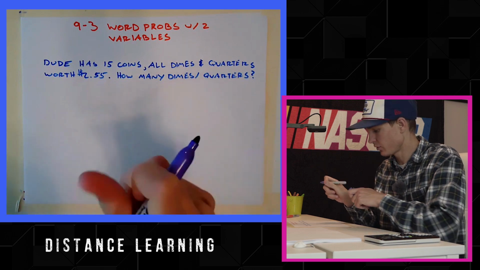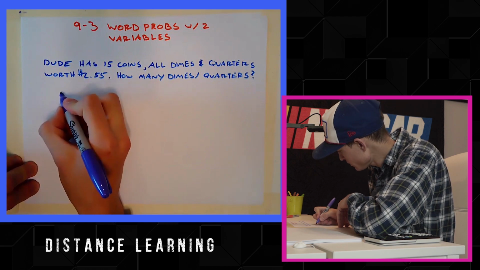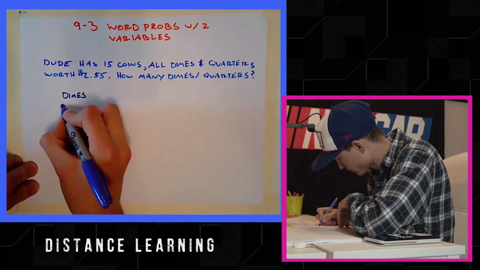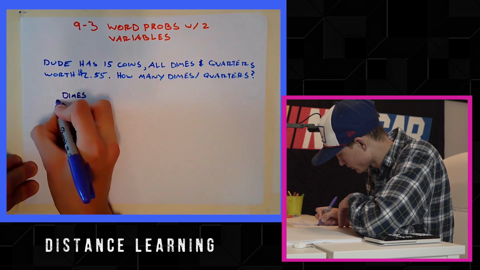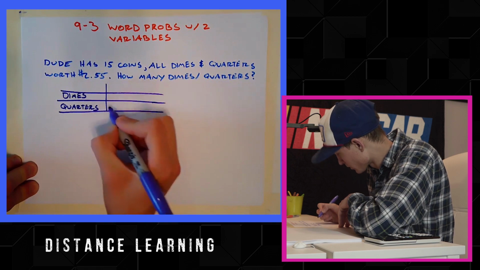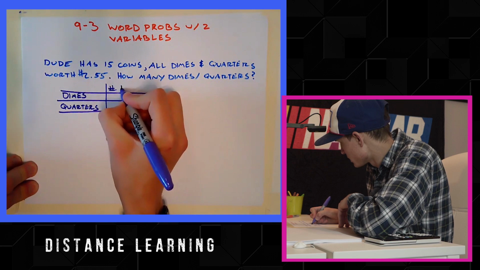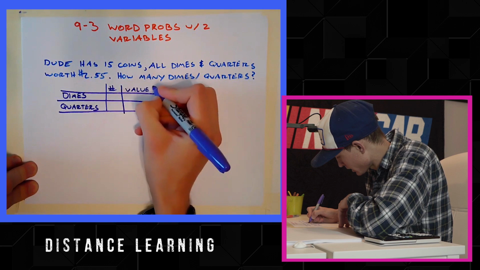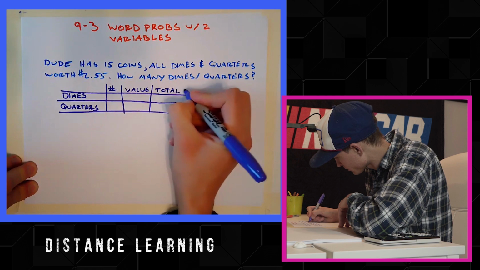How did we solve this before we learned systems of equations? Before, we would have dimes, quarters, and we would have number of dimes, number of quarters, the value that coin has, and then the total worth.